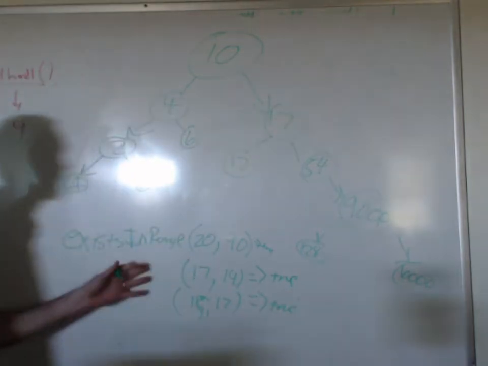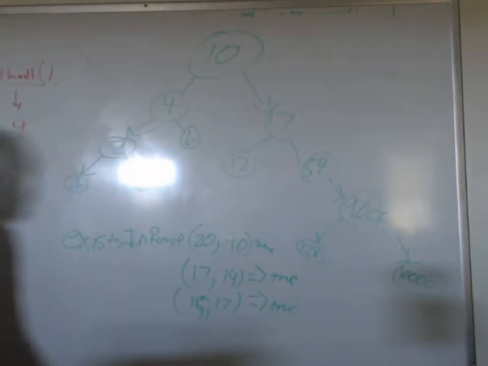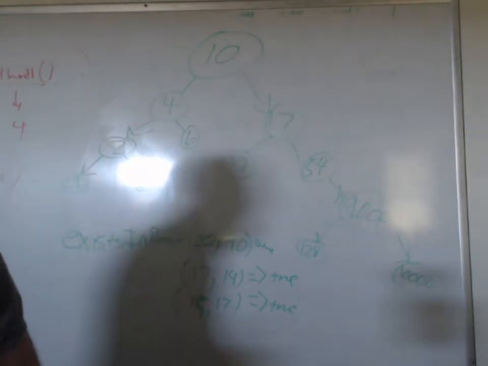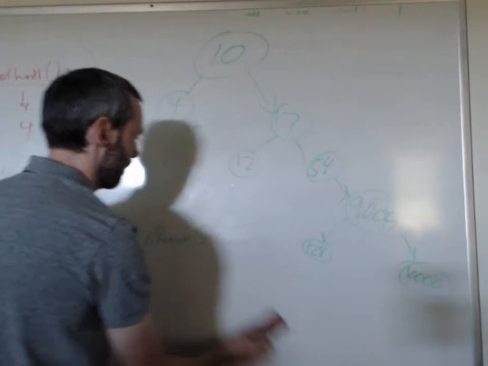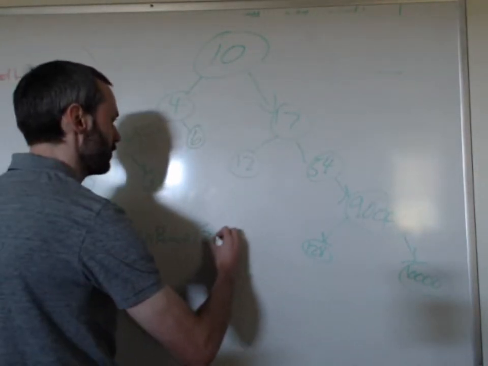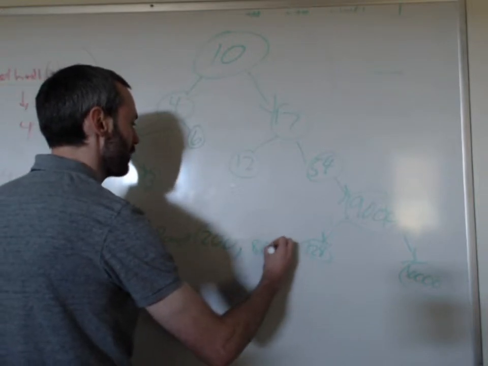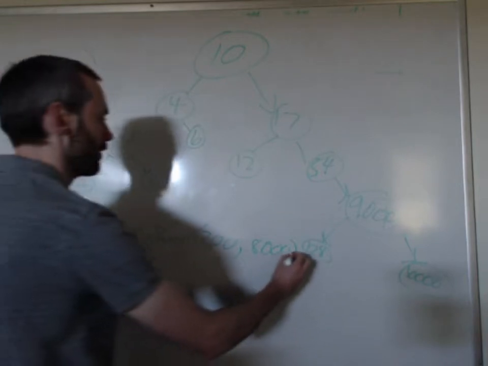Okay, and we got that. Let me go into at least some negative cases here. If I were to put in the values, we'll say 208,000, false, there isn't any.